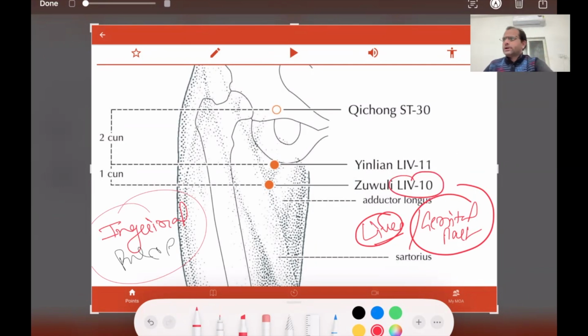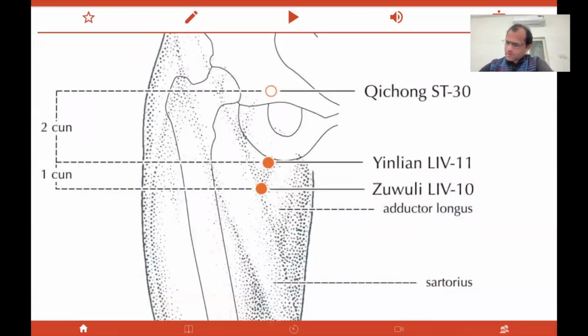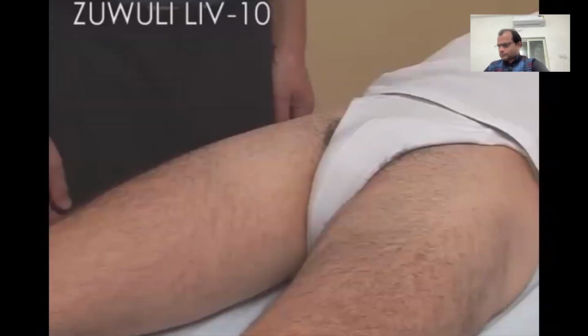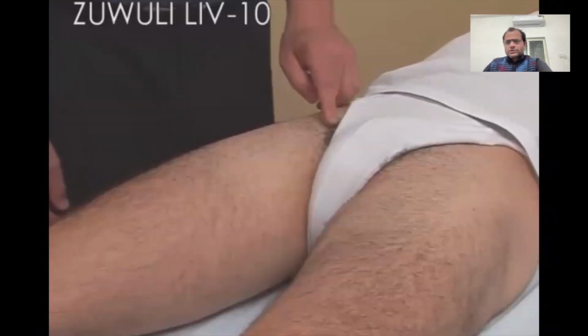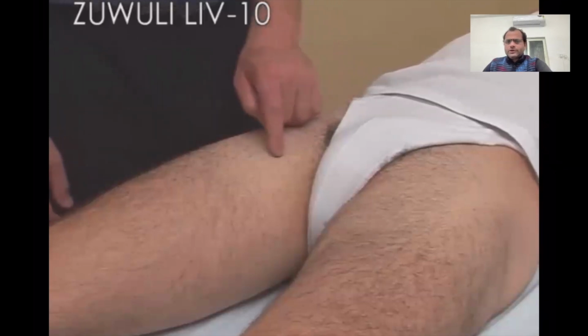But how to locate Liver 10? It's not difficult, it's very easy. So let's see now. This is the location of Liver 10 here.